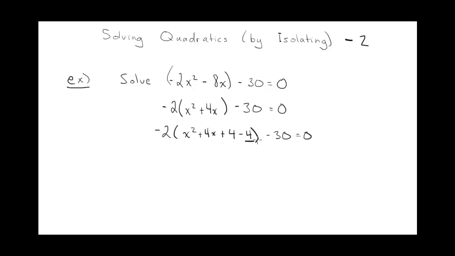Now you need to remove this term from the bracket, so you'll distribute the first number just to that last term. So you just have the first three terms. So negative 2 times negative 4 is positive 8.